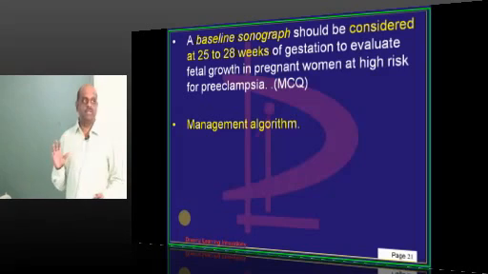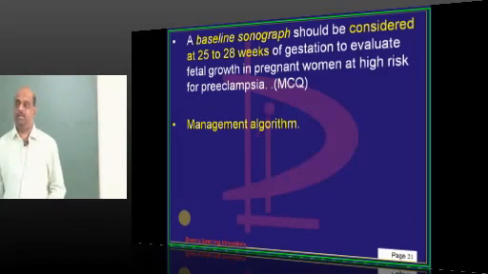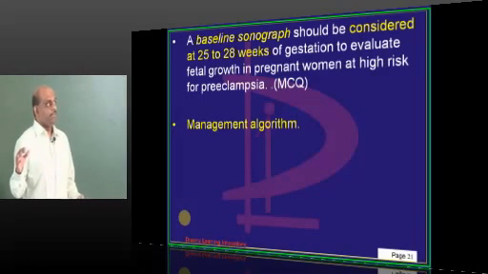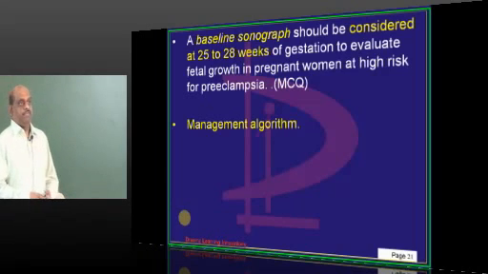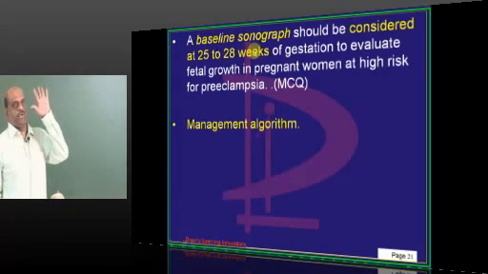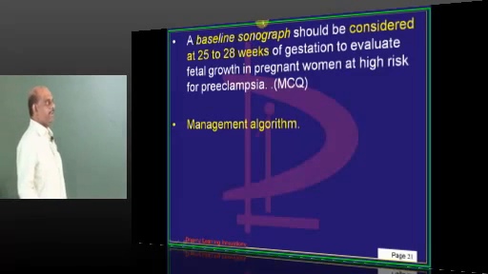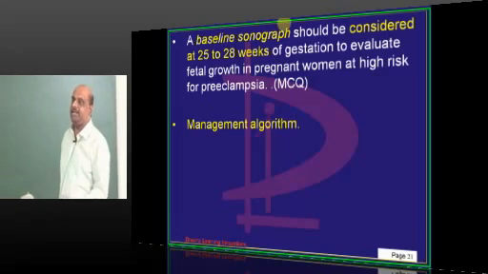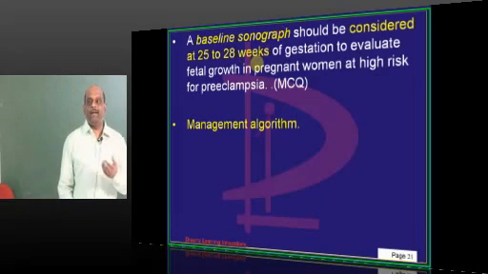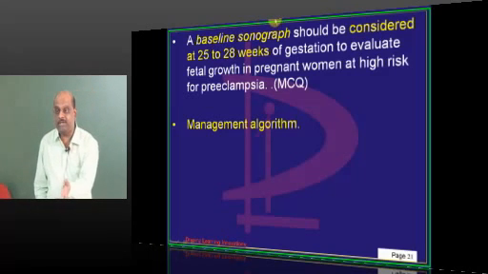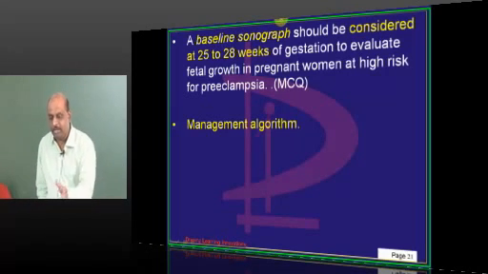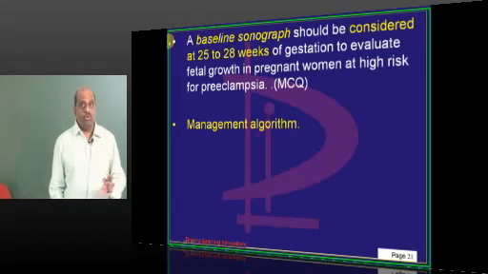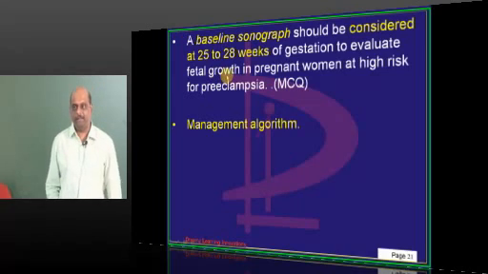So always in a woman who has high risk of preeclampsia, she must receive a baseline sonogram. In the sonogram you can identify how is the placental blood flow, how is the resistance index, how is the flow pattern, by which you can identify the umbilical artery flow resistance, which is one of the very early indicators that preeclampsia is going to develop.